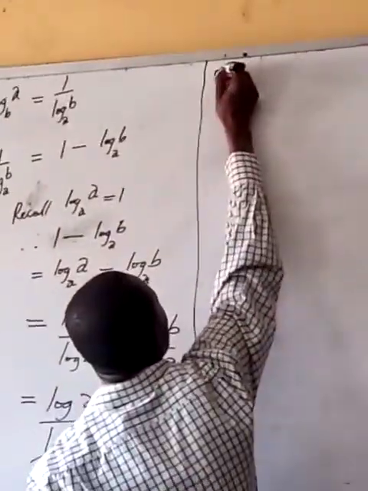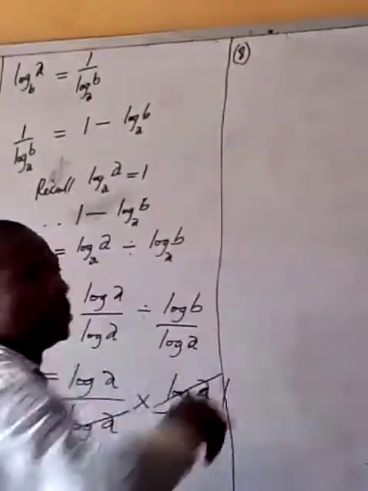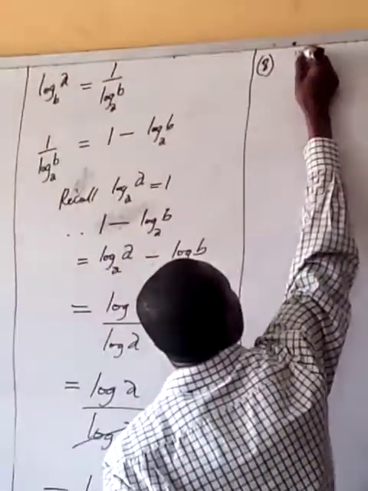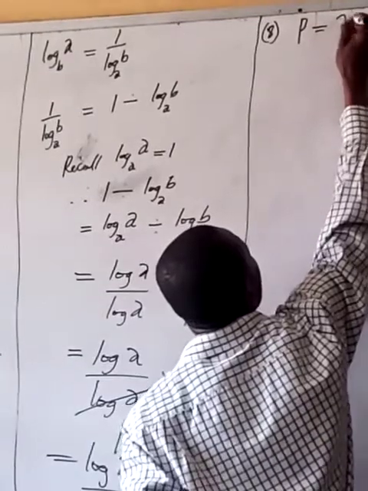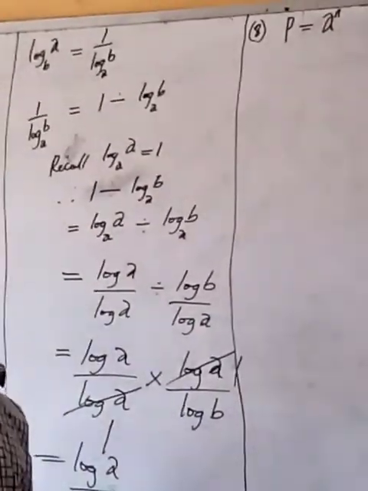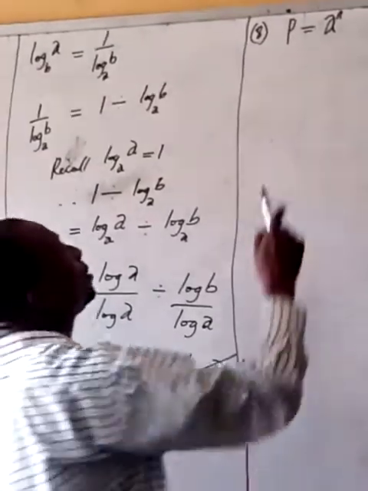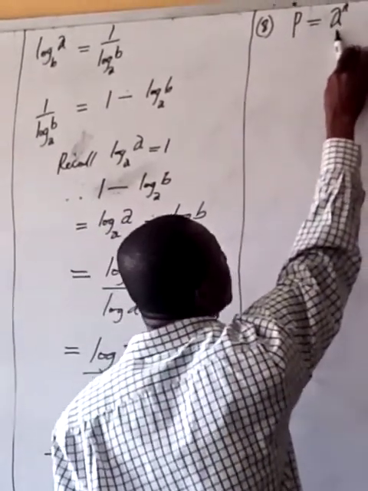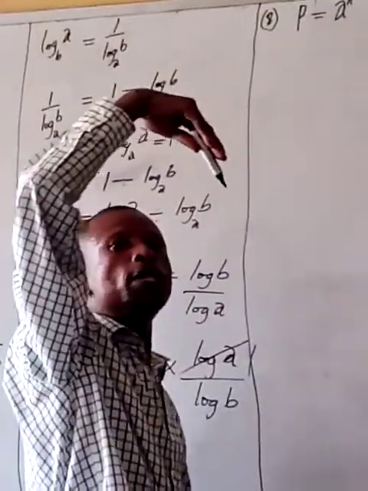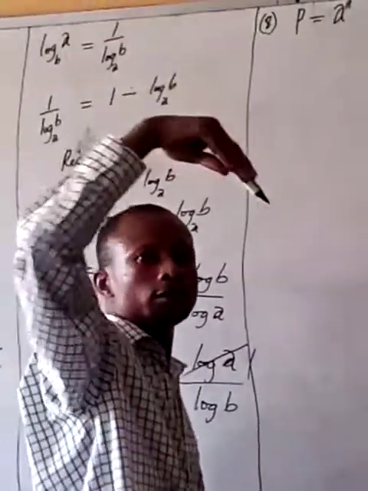The law 8 tells us that if I have P equal to A raised to the power of n, if I want to introduce log, since this is the index, the base will be used to log both sides in order to do what?